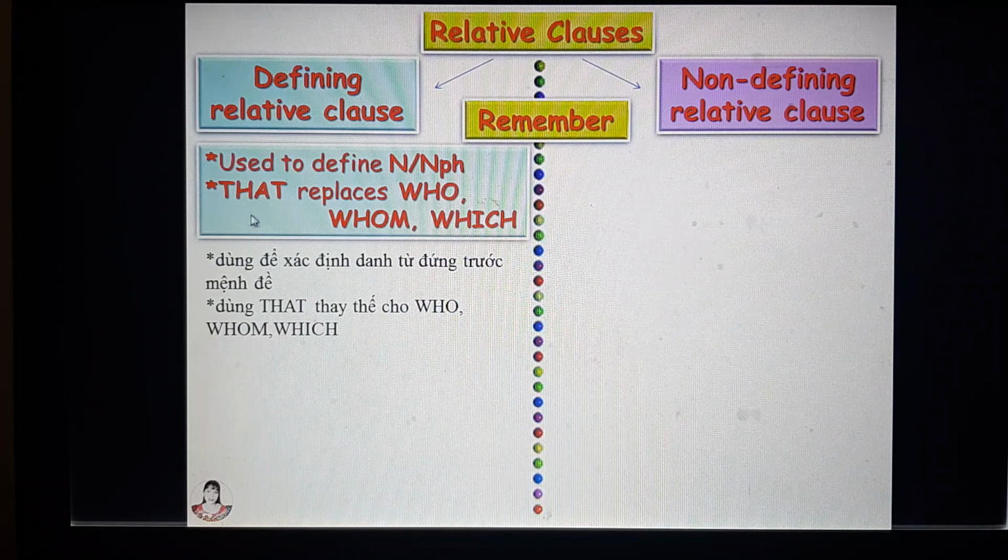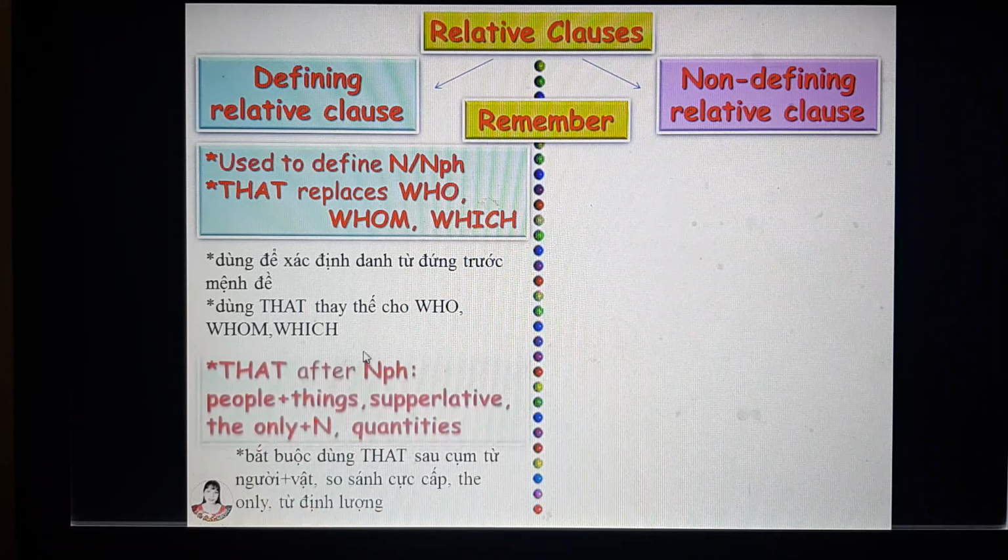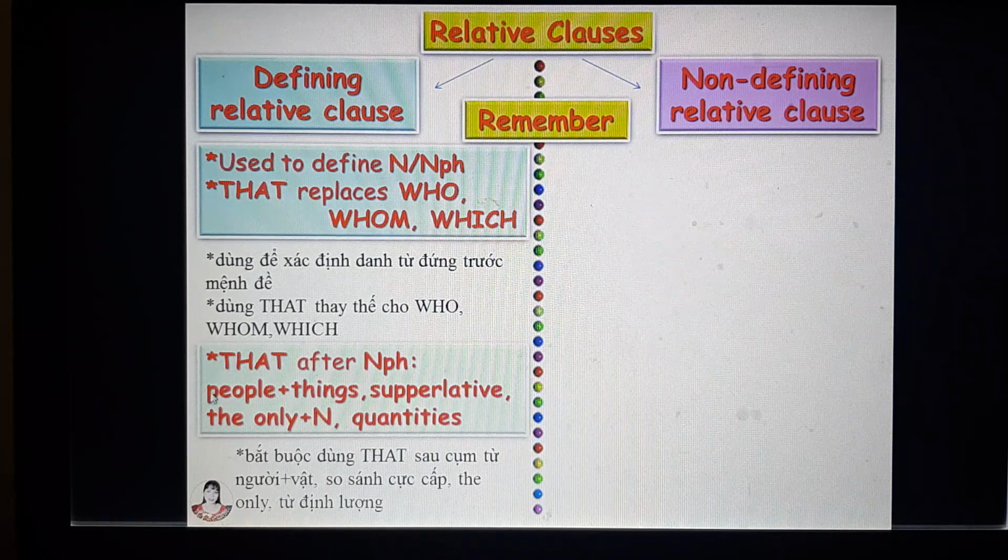And we can use that, which replaces who, whom, which. We have to use that after a noun phrase for people and things, superlatives, the only, and nouns, and quantities. For example, number.